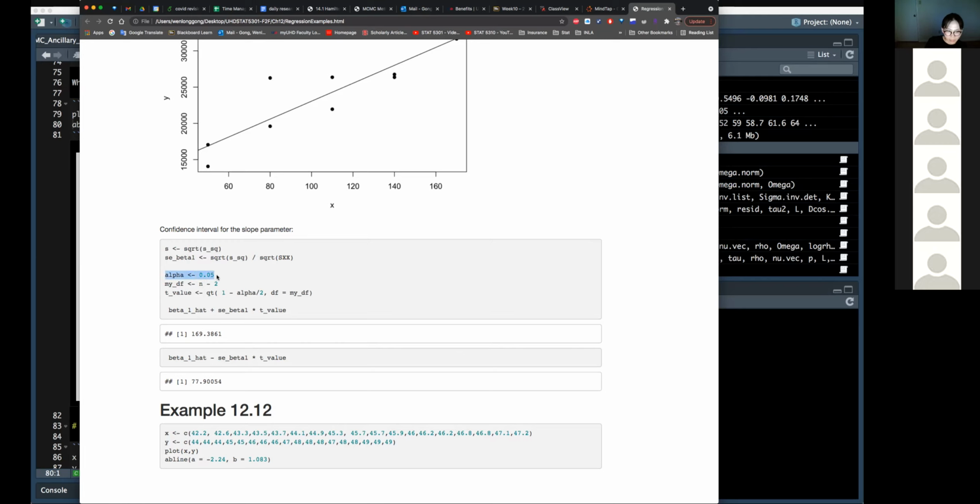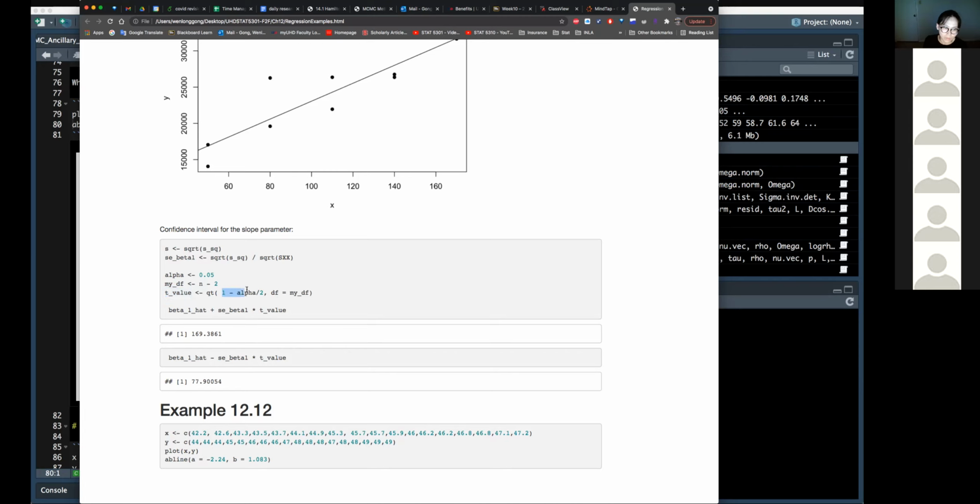And our significance level is 0.05 and degrees of freedom n-2. Now we get the test statistic we are doing here. Why did I say it's a confidence interval? Because I did both. This is the t-value.